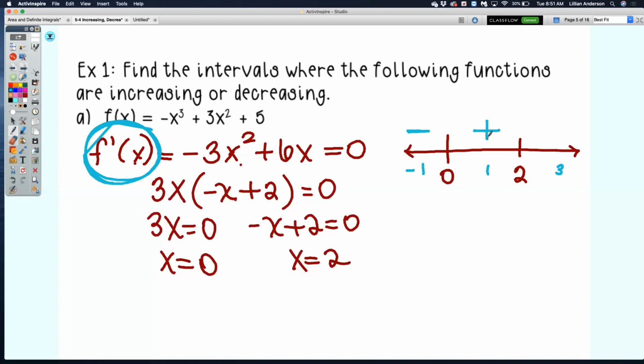And when I plug in 3, do I get a positive number or a negative number? It's going to be negative. This will be -27 plus 18, so it's going to be a negative number.